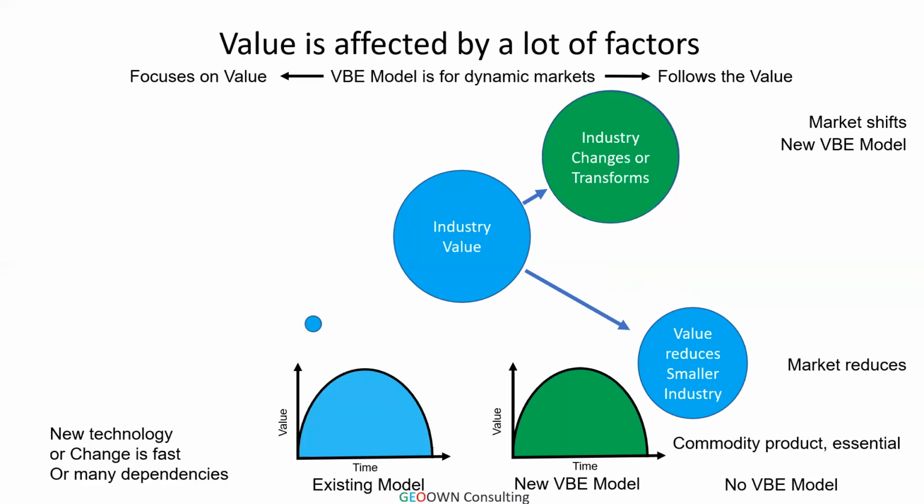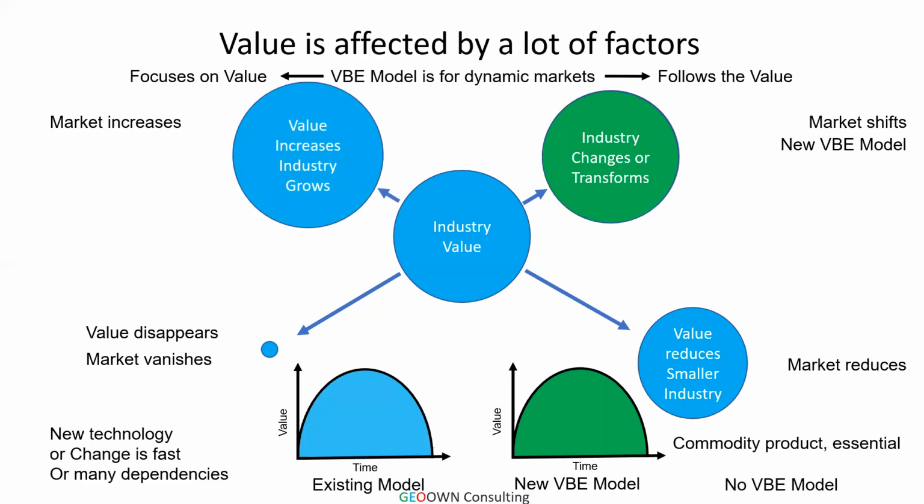Or it may vanish altogether, as happened in the pager market or some other markets where it disappeared overnight. Or in some cases, it could grow, though it is a temporary phase, because after it has grown, a new VB model comes into play, which starts the decline phase in the existing VB model.